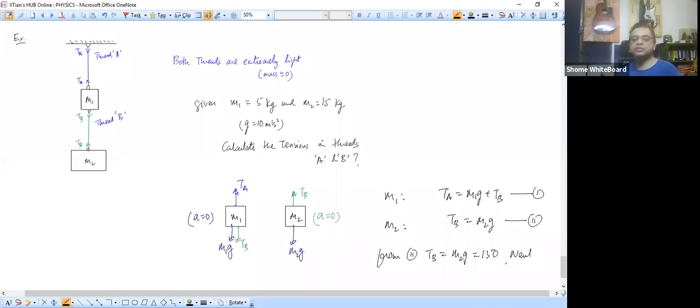Okay. Now substitute this in equation 1 and you will get TA is equal to, how much is this now, 50 plus 150, so that's 200 newtons. It's very simple, nothing very confusing in this.